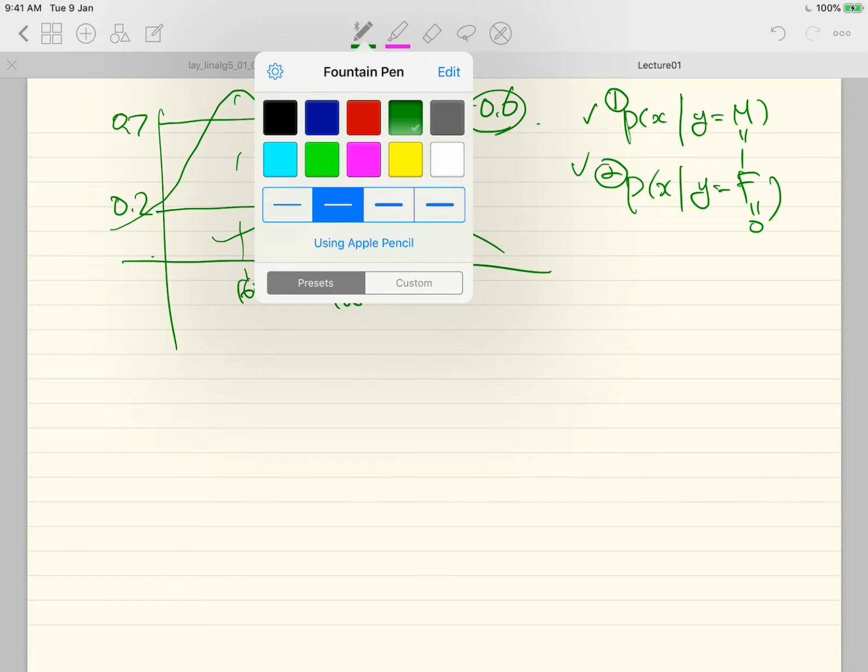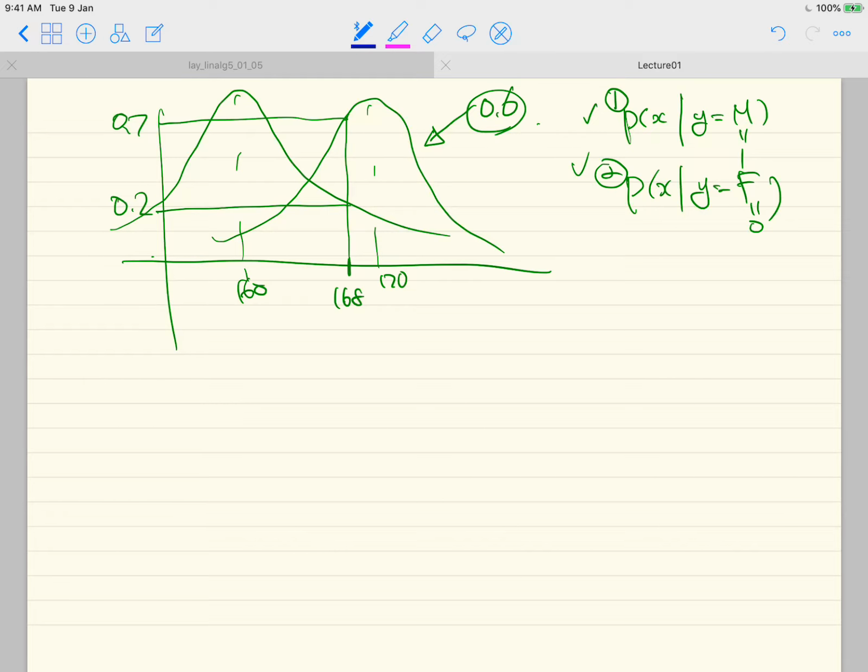So in that case, we just choose 60% of the original height, and then it will be something like this, right? So this is a 60% downscaled version of the original distribution, right?